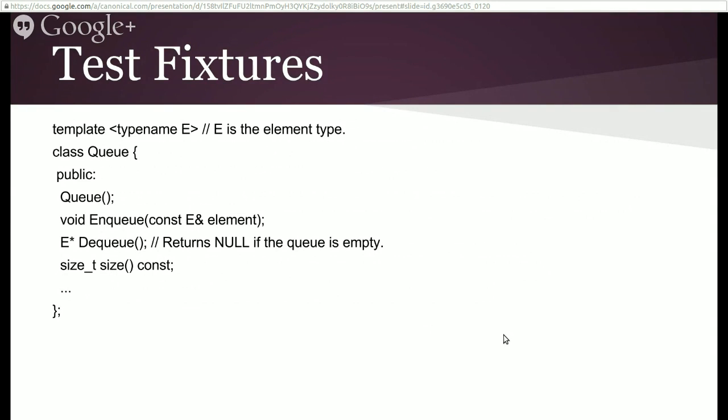An example of a test fixture would be, we have this Q class over there, which is going to return the size of the class and so on and so forth, and we want to be able to write several tests for such a class, right?